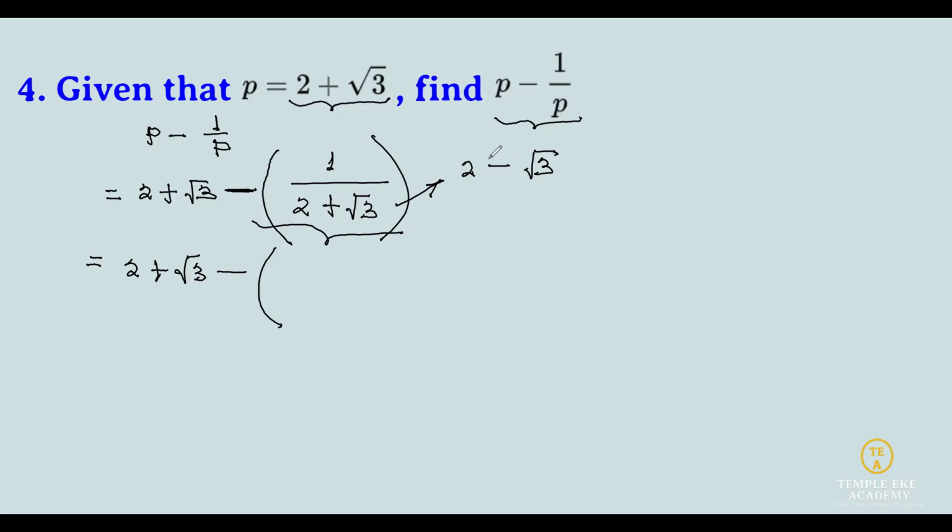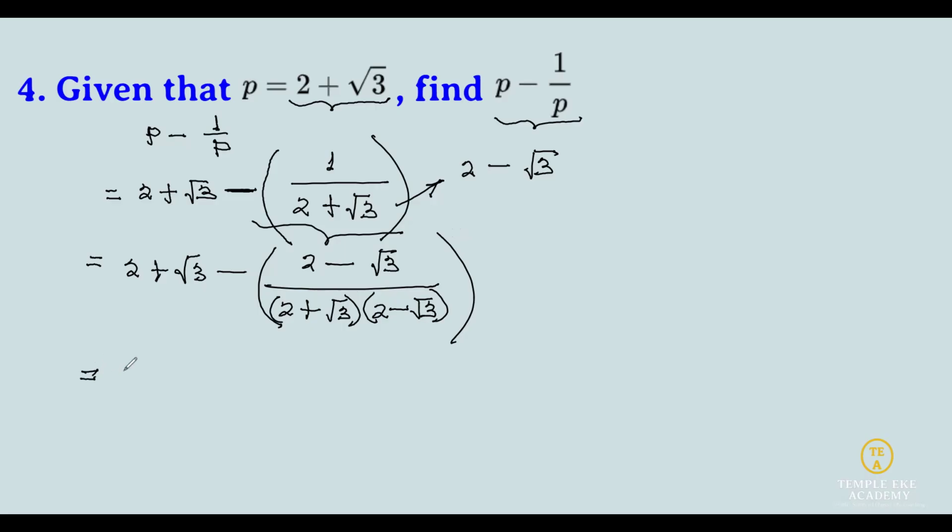So 1 times this expression is the same as 2 minus root 3, divided by the bottom, which is, of course, the original 2 plus root 3 multiplied by its conjugate, 2 minus root 3, generating the factors of a difference of 2 squares. Can you see that? So let us go ahead.